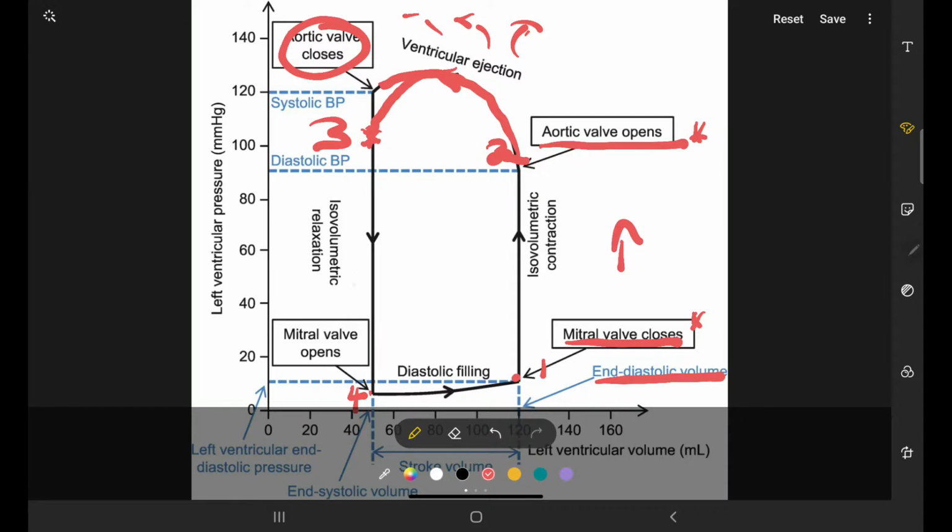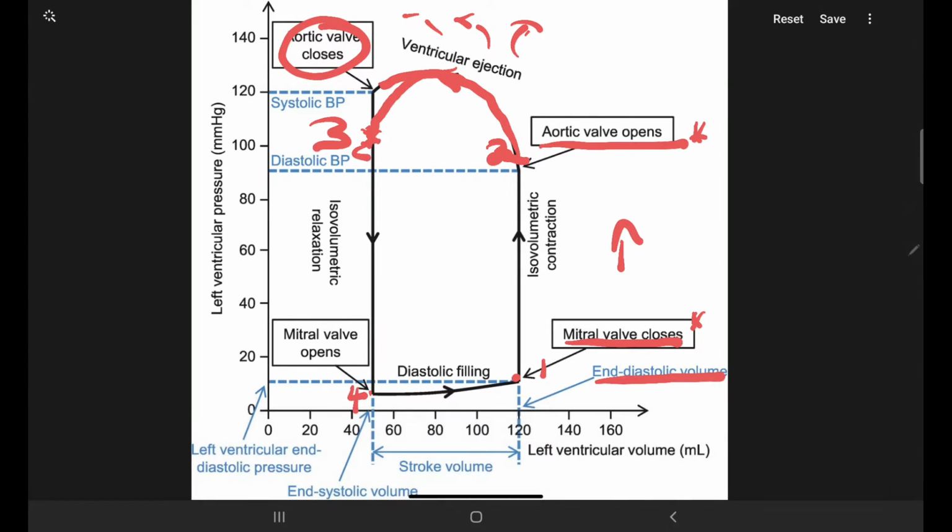So between 3 and 4, there's relaxation going on until the pressure goes below 8 and the mitral valve opens again. So this is something that you should learn how to explain. And of course, the volume that is going to remain in the ventricle after contraction is known as the end systolic volume. Okay, end systolic volume.